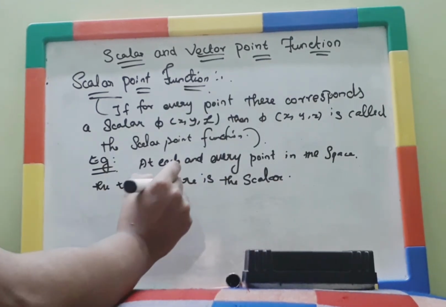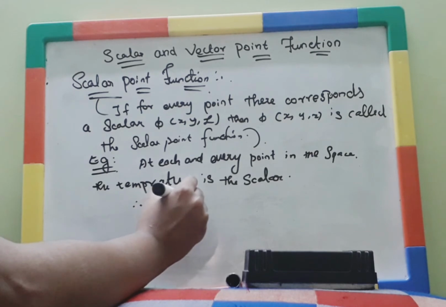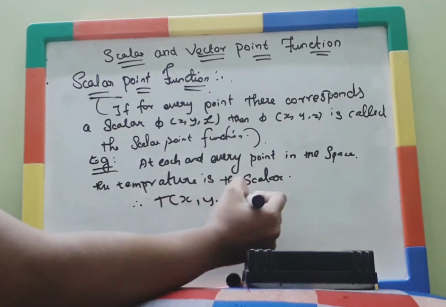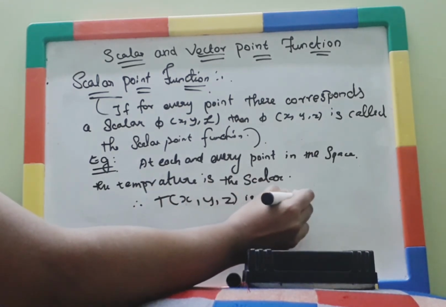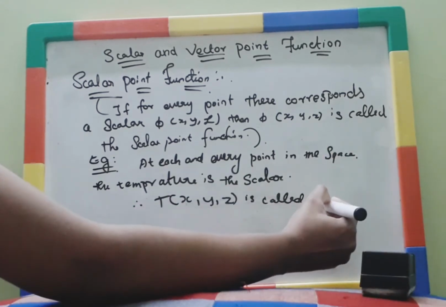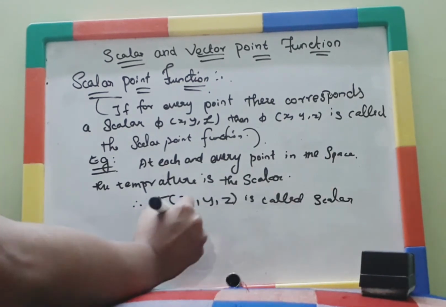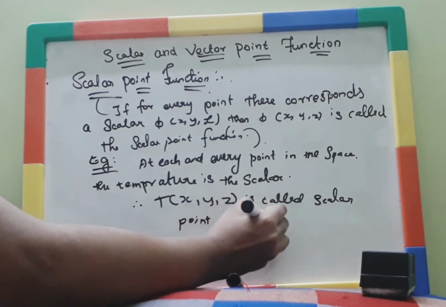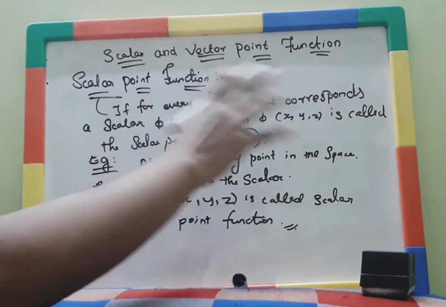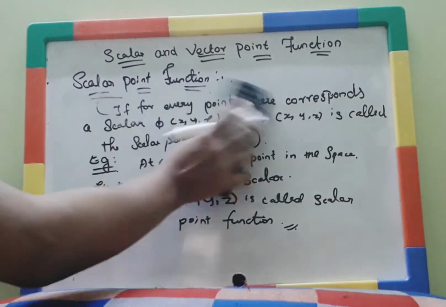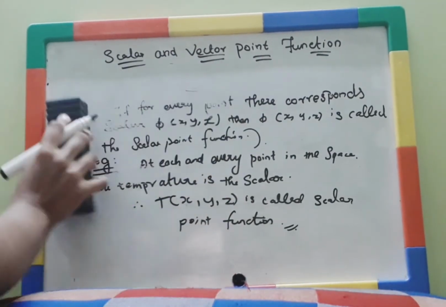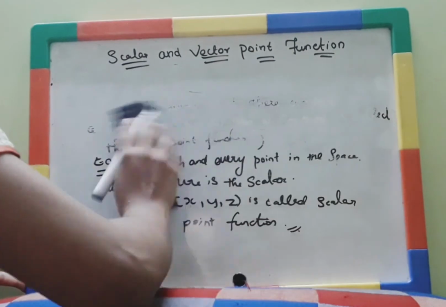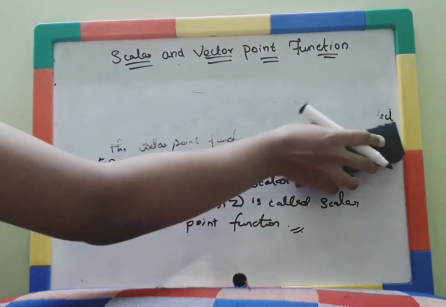So T is considered as the temperature here, such that T(x, y, z) is called a scalar point function. The given point is x, y, z.